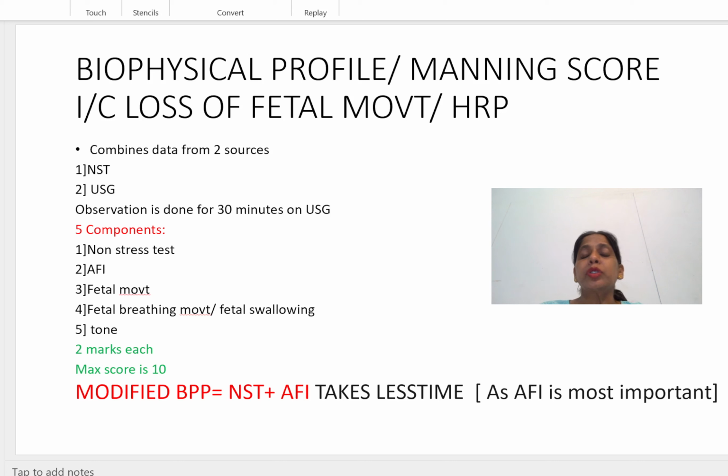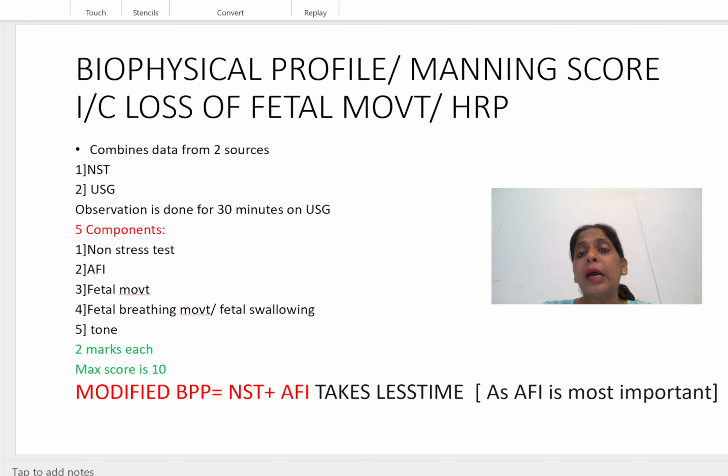First of all, here we are going to do an NST, and we are going to do the ultrasound of the fetus, and by these two sources we are going to make this biophysical profile, or we are going to make that score. This is also known as Manning score.